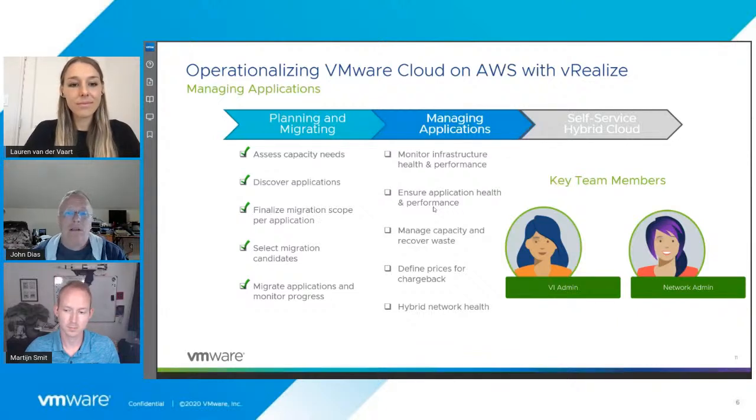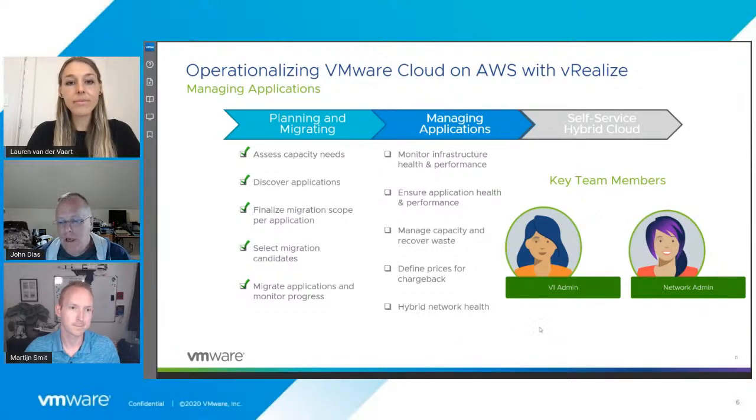Do we have wasted capacity that we can reclaim to save some money? We're also going to show how we can elevate cost visibility through pricing in vRealize operations to the application owners. And then Martijn is going to wrap up showing us how vRealize Network Insight will give us continual visibility into the health of our hybrid network.